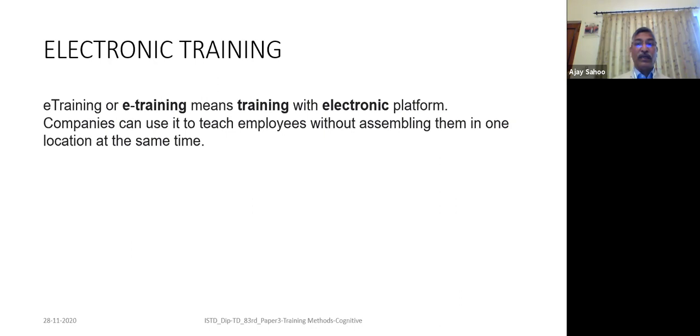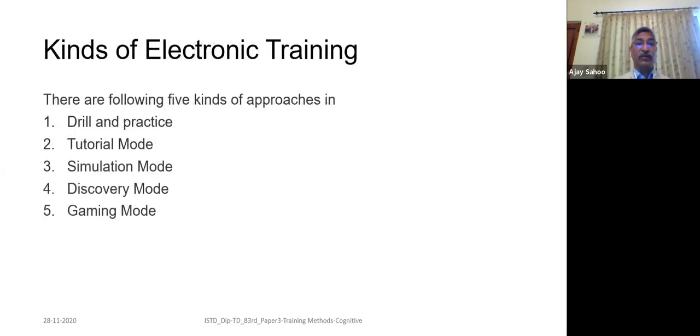So any electronic platform, the training happening on any electronic platform is electronic training. So what are the different types of electronic training? There are 5 approaches to electronic training, basically, like for doing a drill and the practice, something which you want to learn.